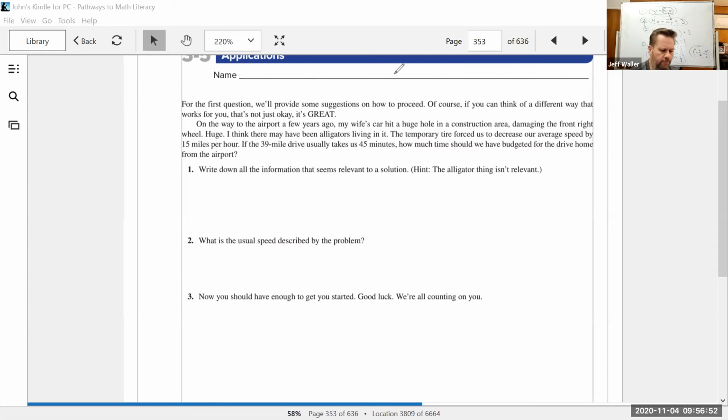So 39 miles in 45 minutes, but do I want minutes down here? No, you want hours. So I can put minutes up here, hours down here, 1 hour to 60 minutes. And then you can figure out miles per hour.